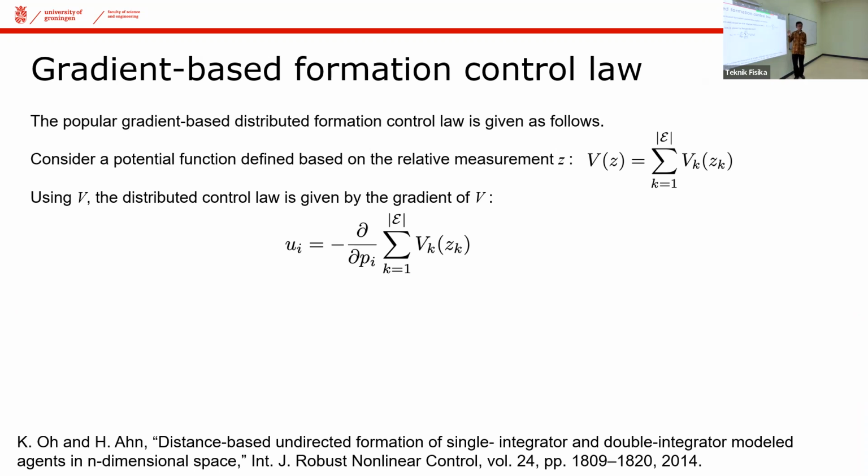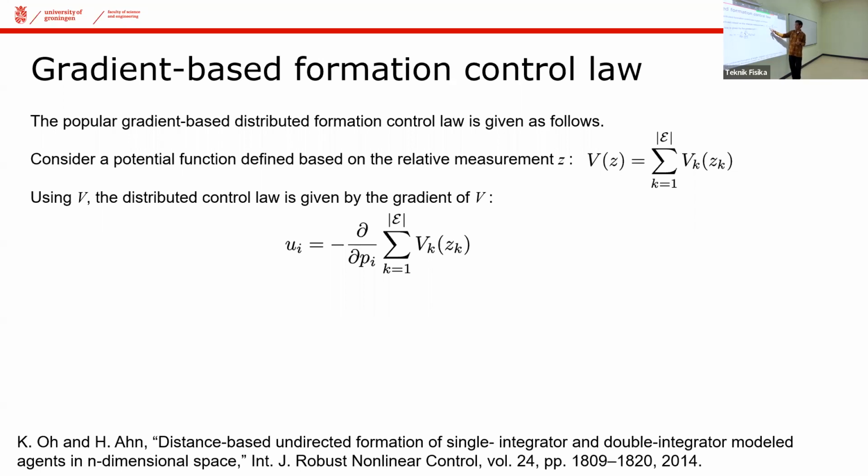Now comes one of the elegant results in the literature. You can actually create a simple controller based on what is so-called a gradient-based distributed controller. And gradient-based is basically you define potential functions based on your available measurements, so in this case, the relative positions.